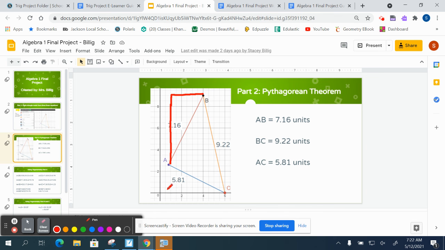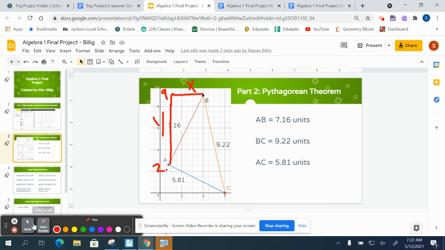So if this is 2 point whatever, and this is 9 point whatever, you would subtract these two numbers to get the difference in the y, and then do the same thing to get the difference of the x, and then do a squared plus b squared equals c squared, and use the Pythagorean theorem to solve for c. So you do that for each of those.